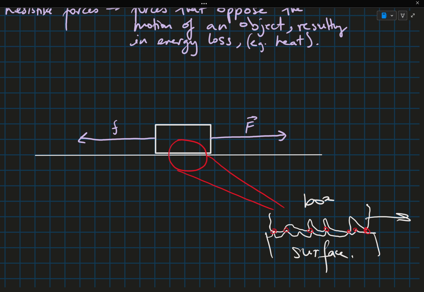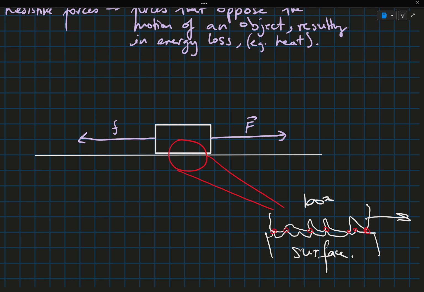So as we move, we have heat loss, and this entire thing is what we call friction. For example, if you put your palms together and rub your hands together, you will start feeling energy being lost in the form of heat, because of the two physical objects rubbing on each other.